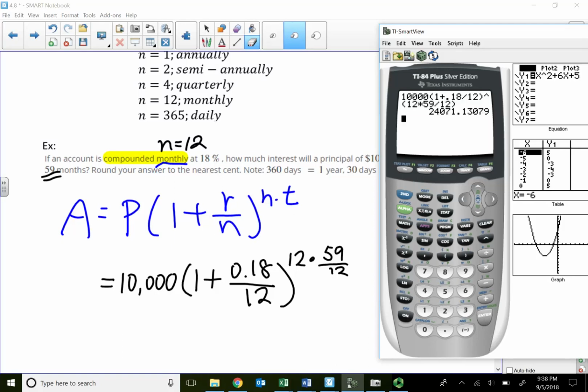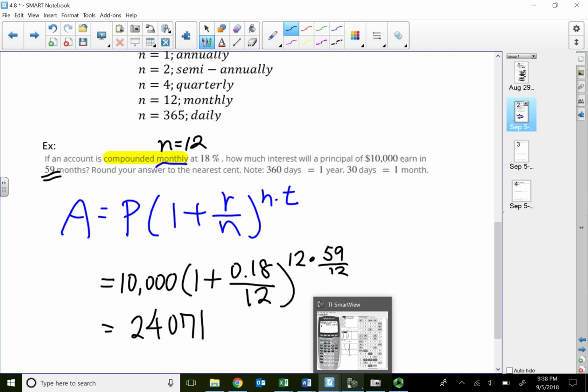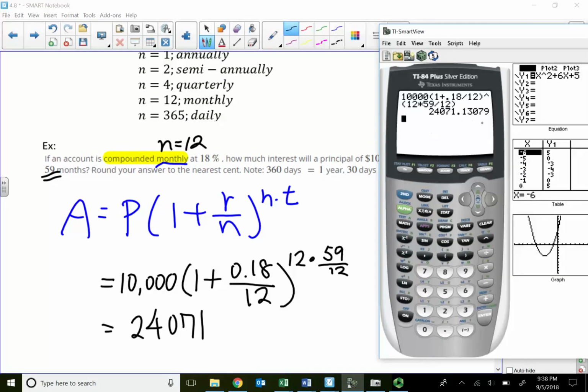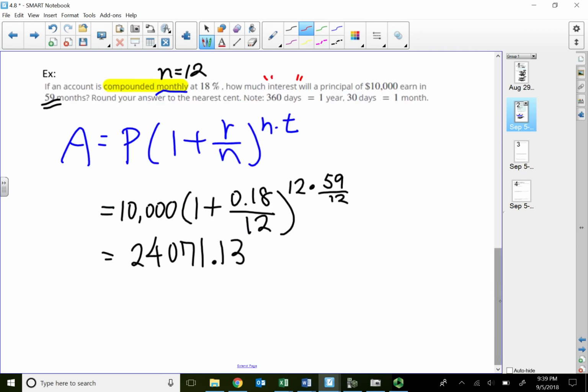And this will be how much money will be in the account. 24071.13. Okay, always round to the nearest cent. So this is a total amount, but the question is asking how much interest I will earn.